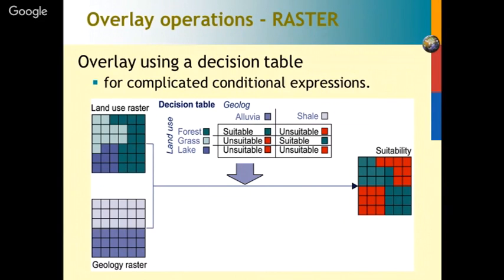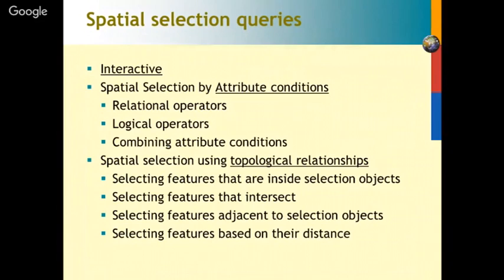So it is basically used for suitability analysis, and based on that the suitable and non-suitable conditions can be determined. This is just showing an example where land use as well as the geological components of analysis are used to generate a suitability case of an area. Depending upon the soil type and the corresponding land use of forest, grass, or lake, we can find out the area which is basically suitable or non-suitable.